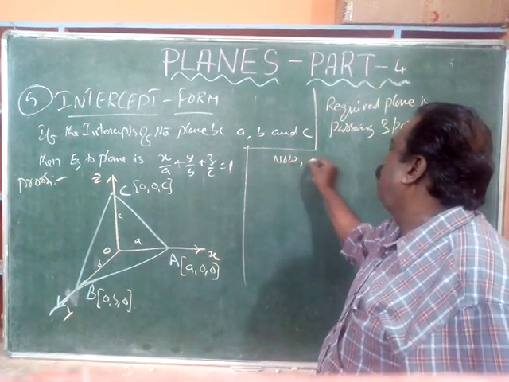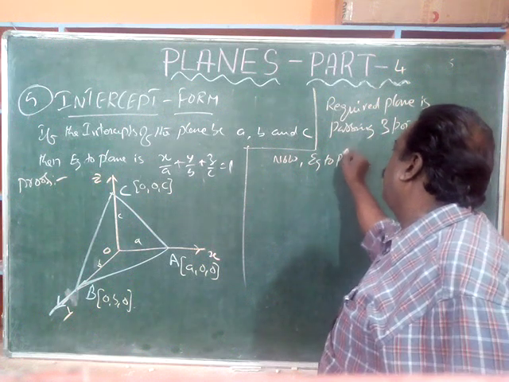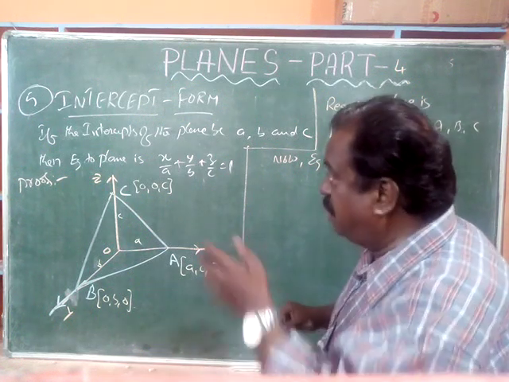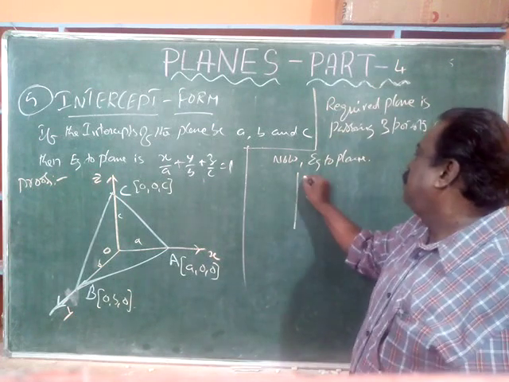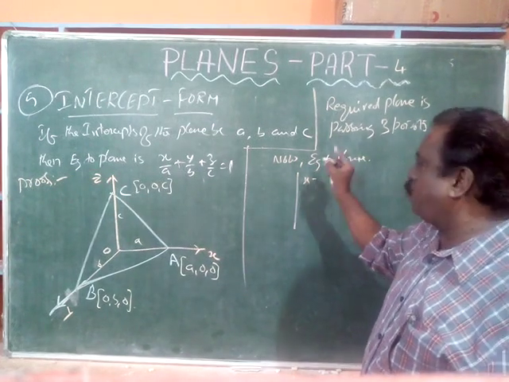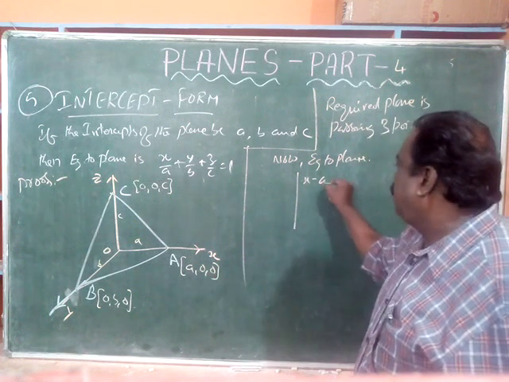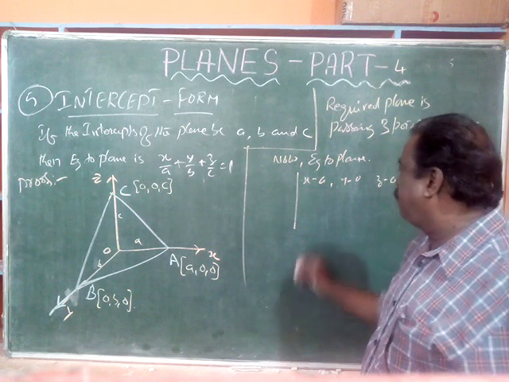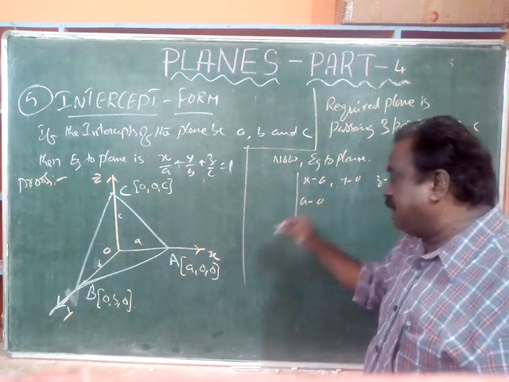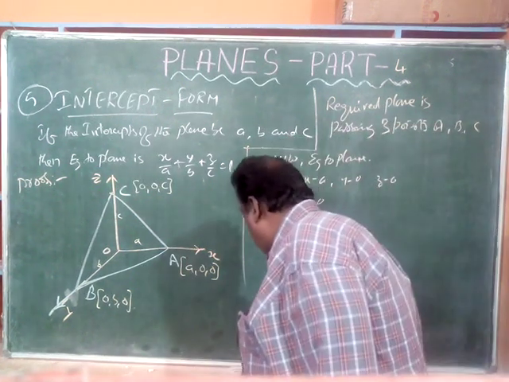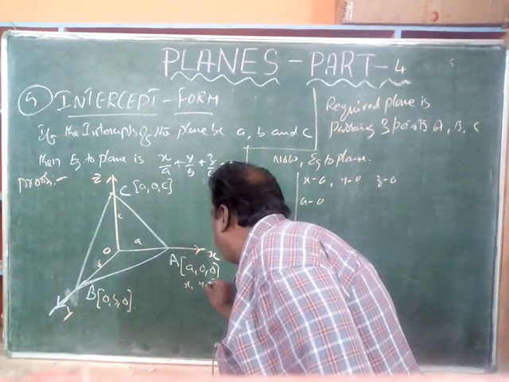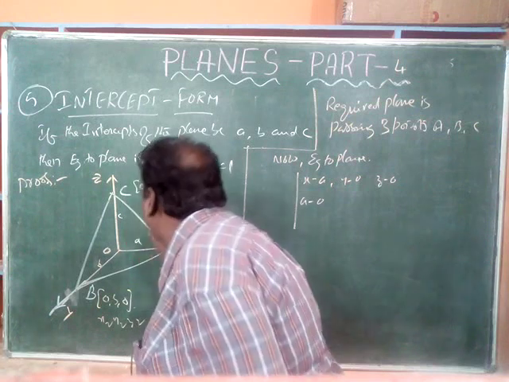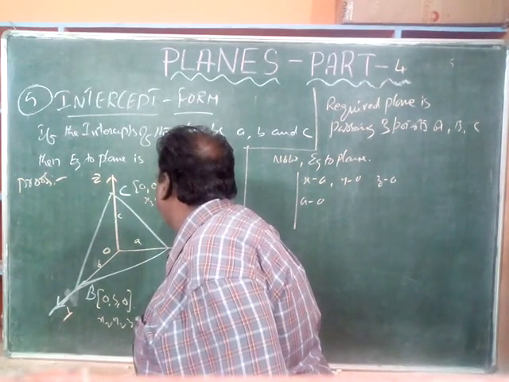Now the equation of the plane, by using the fourth problem we just solved, is the determinant of x minus x1, y minus 0, z minus 0; x1 minus x2, y1 minus y2, z1 minus z2; x1 minus x3, y1 minus y3, z1 minus z3.